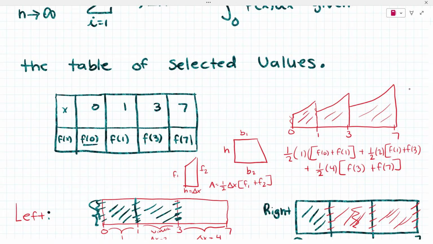Unfortunately, we don't know the height of f of 0 and f of 1, or f of 1 and f of 3, and f of 3 and f of 7, so we're just going to leave it like this. Or you can simplify it. 1/2 times 2 becomes 1. 1/2 times 4 becomes 2. Okay, so that's the answer for this one.